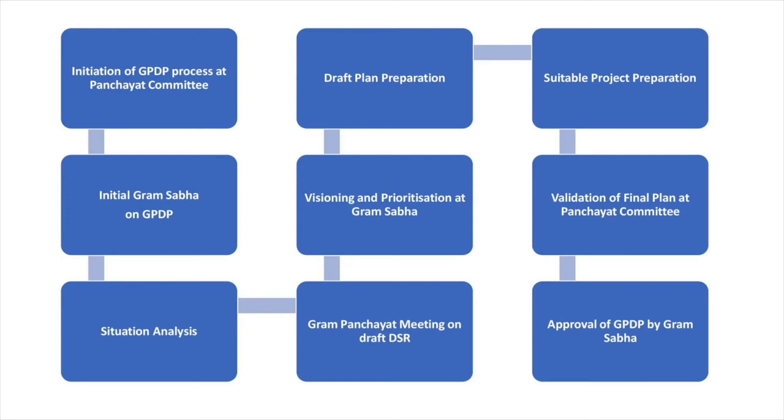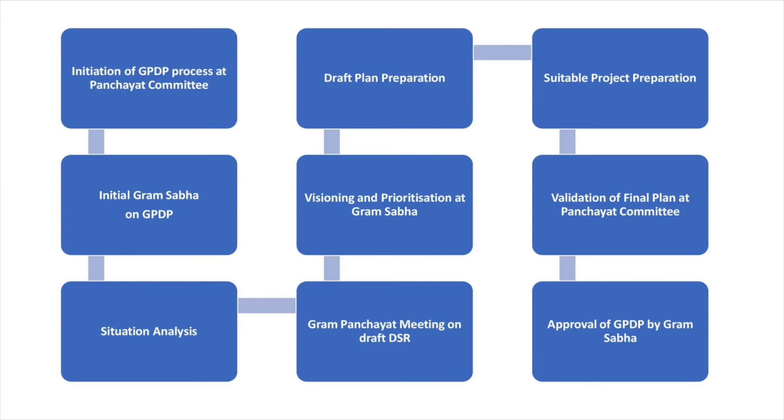The sixth step is the draft plan preparation. A draft plan should be prepared based on the final DSR that was approved by the Vision and Prioritization Gram Sabha. This plan will contain the details about resources allocated to various sectors and projects and the mode of implementation.